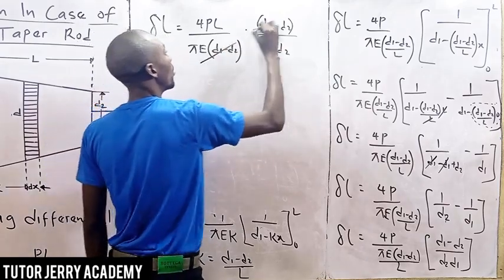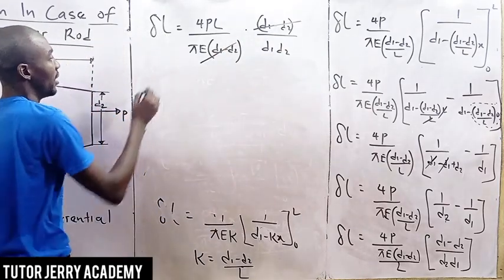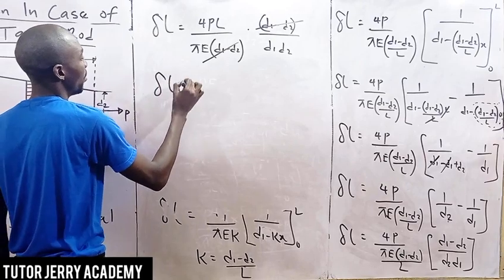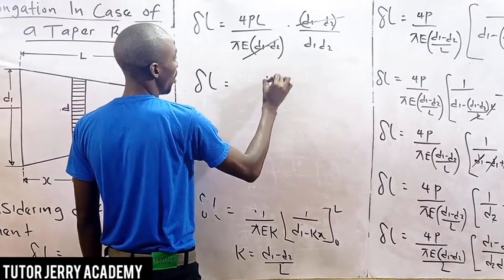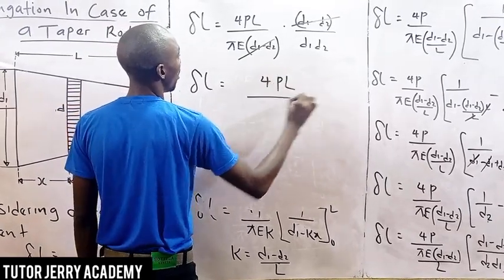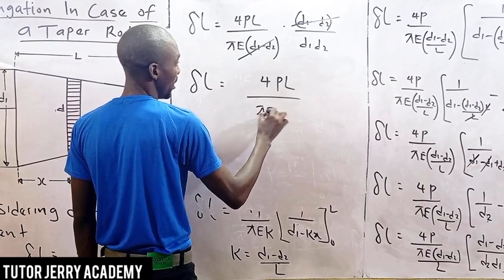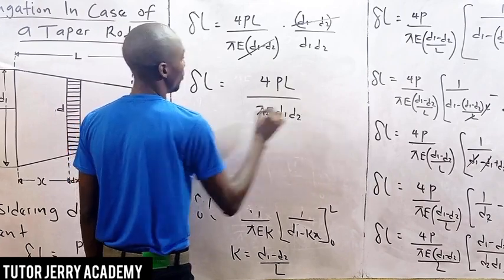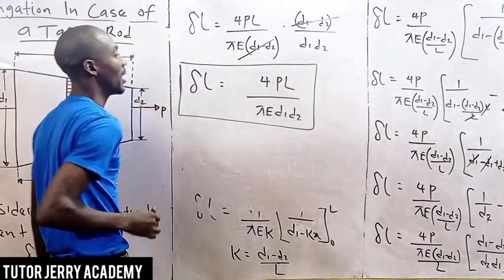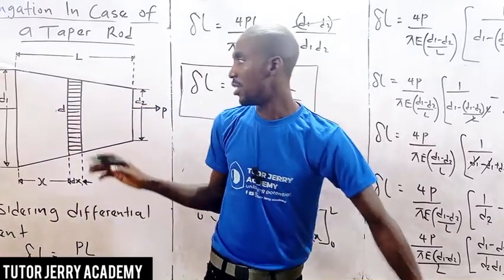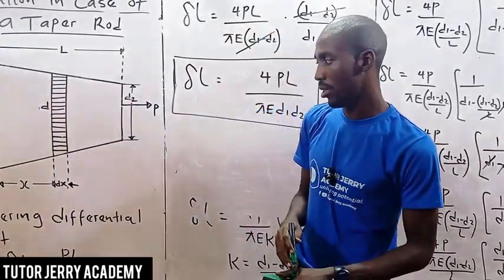So this will go to this, right? Then our total deformation, that is elongation, will be equals to 4PL all over pi E D1 D2. So this is the total elongation of this tapered rod.